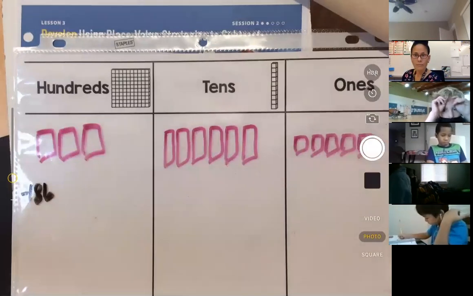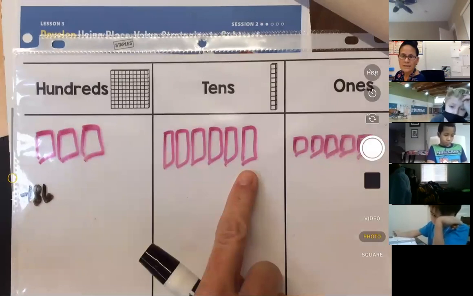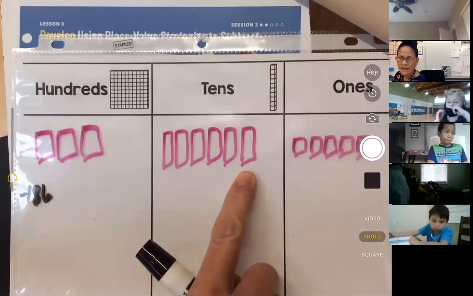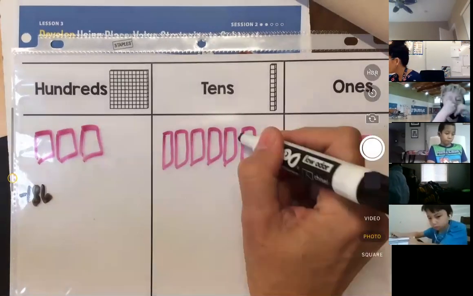I need more ones. So I'm going to look to my neighbor, my friendly tens, and I'm going to say, yeah, I need 10 of you. I need to move some. So here we go.